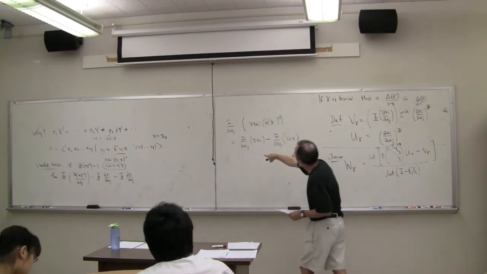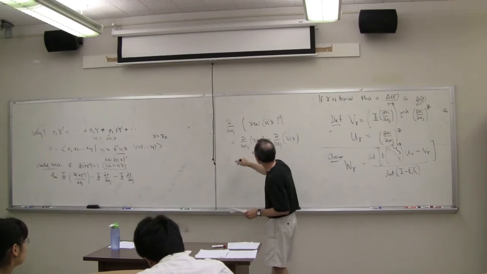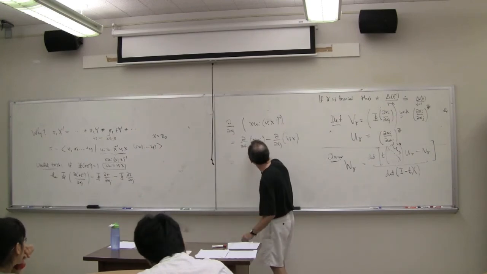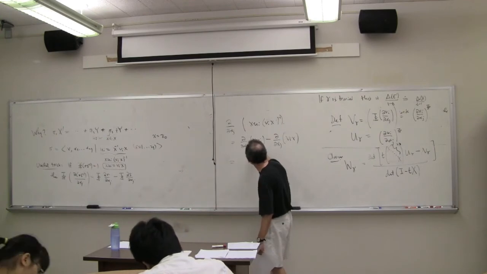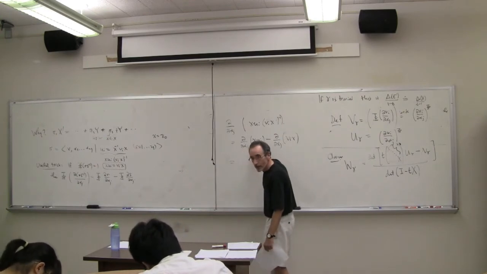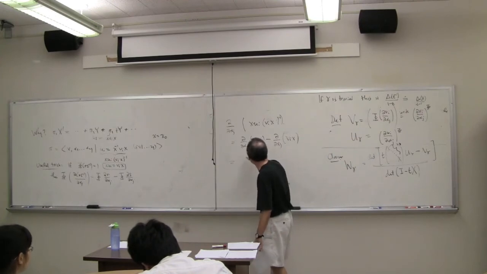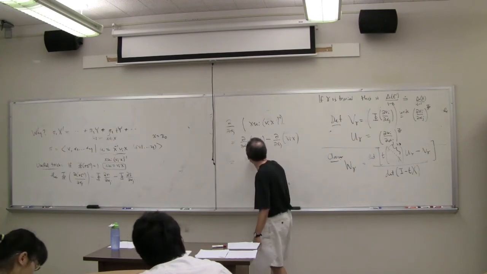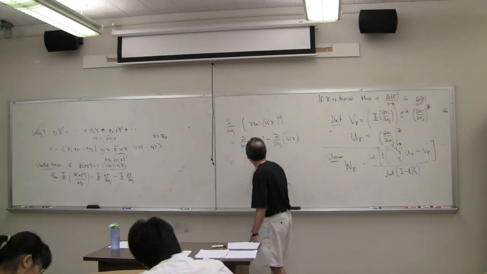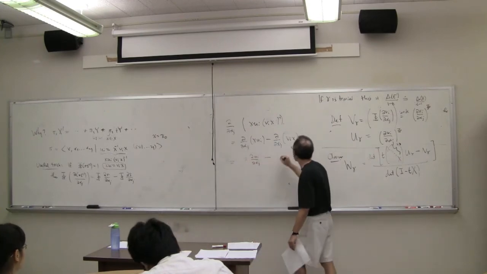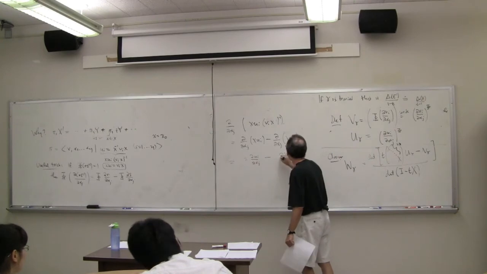And when you do this, you're going to pick up the x when you take the Fox derivative, and so let me write this as x u_i, the alpha_j, and over here we're just going to get the v_i.